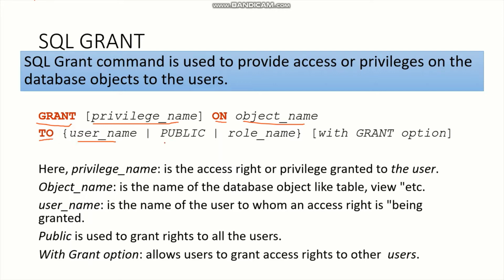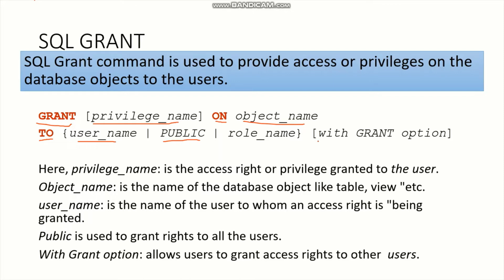It can be a particular user or it can be public. By public we mean all the users. So if we type public, it will be applied on all the users. And we can even specify a role here. About role, we have some slides; I will let you know what role means in this topic.